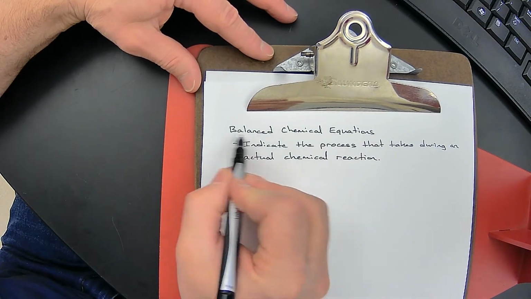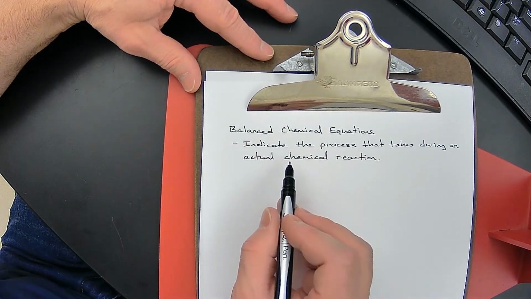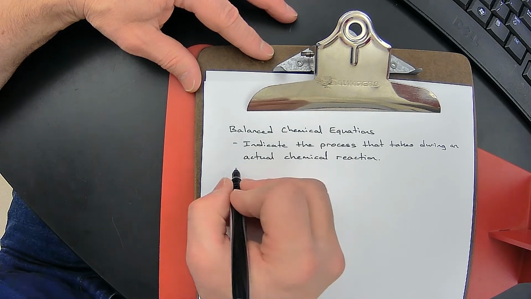Until an equation is balanced, it is not indicating the actual process.